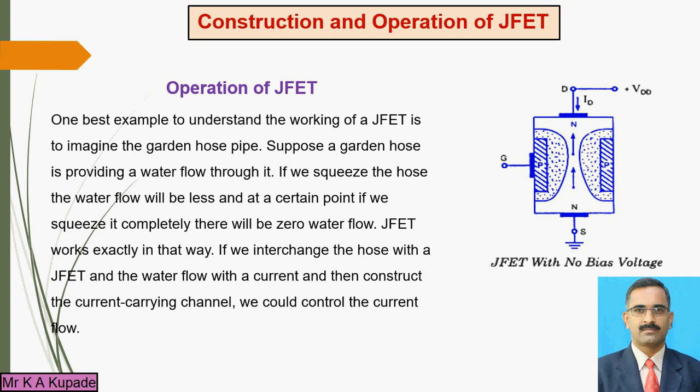When the knob is turned totally on, you get full water at the drain terminal of that cock. But if you control the knob, you are controlling the flow of water at the drain side. And if you make the knob totally off, there is no flow of water. This is another example.